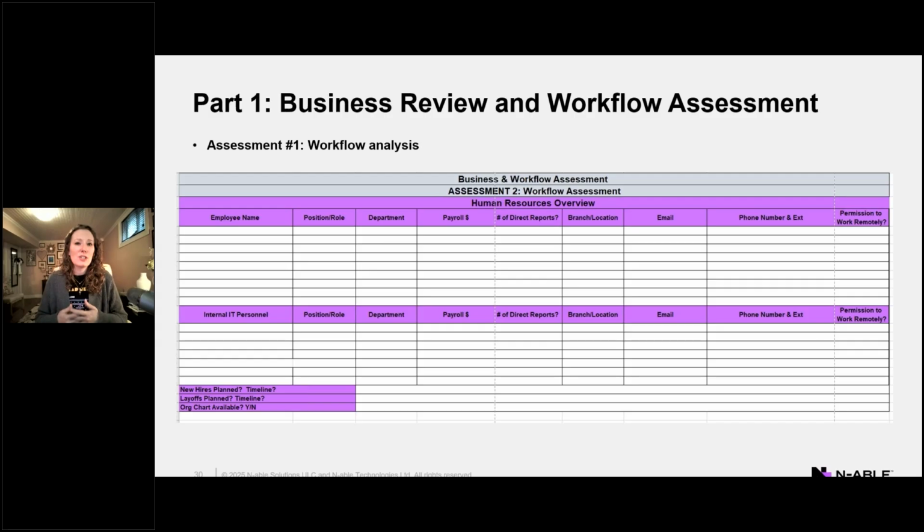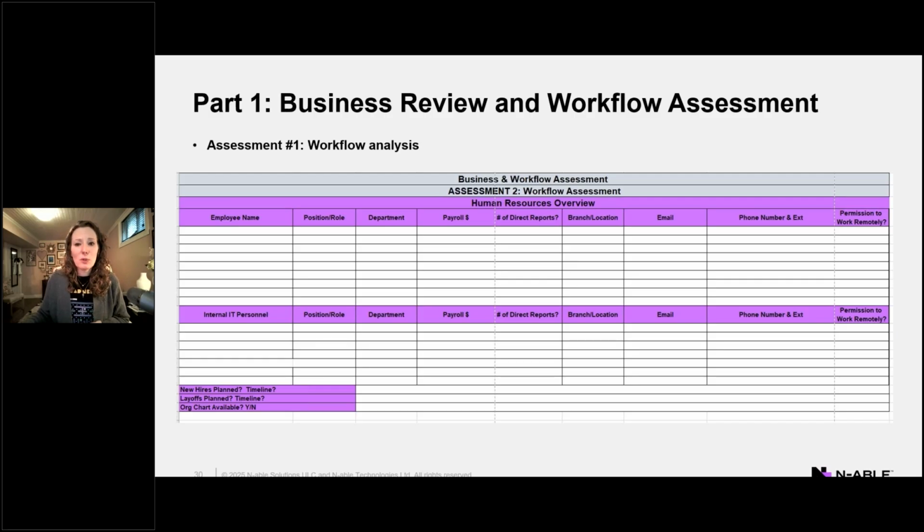We may not need a separate meeting for this. This might be information you can get over the phone or over email. Really it's just figuring out: how many active employees does the organization have? What's their title, their role, their position? What department are they part of?